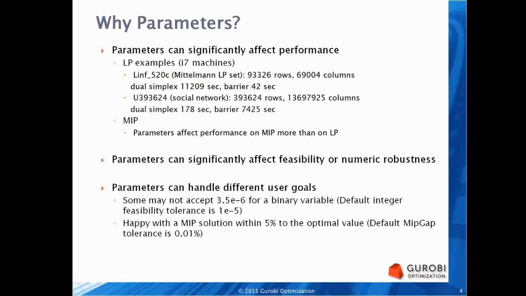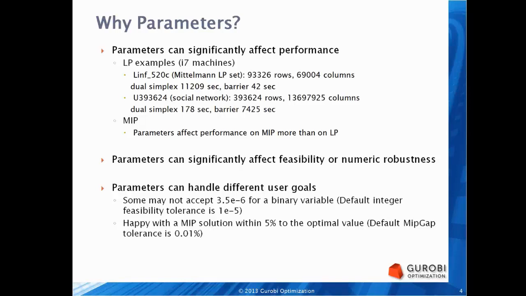So you will see we have many more MIP parameters. Another thing is that parameters can significantly affect feasibility or numeric robustness. For example, if you have a model, it's hard to know whether the basis matrix has a big kappa.